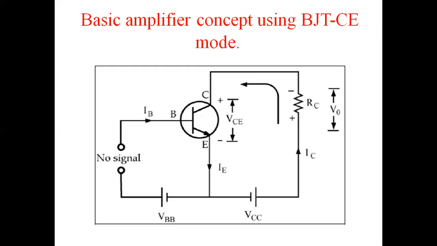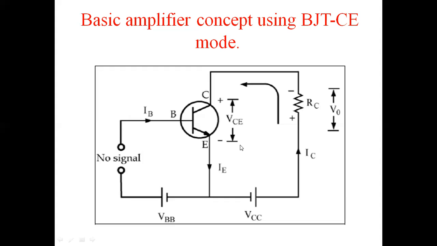One important requirement during the entire amplification process is that only the magnitude of the signal should increase and there should be no change in the frequency as well as shape. This increase in magnitude of the signal without change in shape is known as faithful amplification.